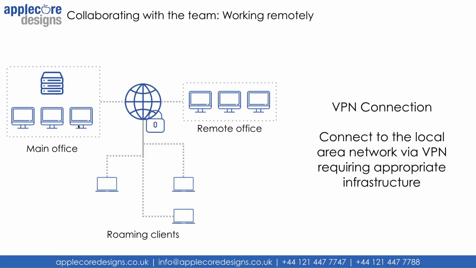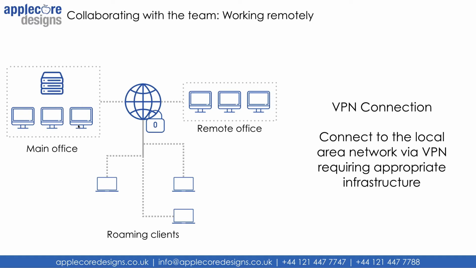Moving on from these, the next issue that presents itself is working from afar, so when you're not in the office. The most traditional way of doing this is establishing a VPN connection. Using a VPN connection, different networks can be bridged together, as well as roaming clients can be assigned to these. Now, creating a VPN requires infrastructure and knowledge. So it's not as easy as pressing just a few buttons.